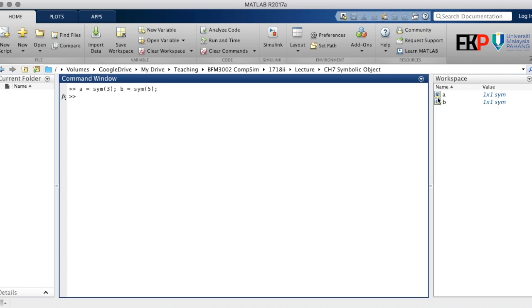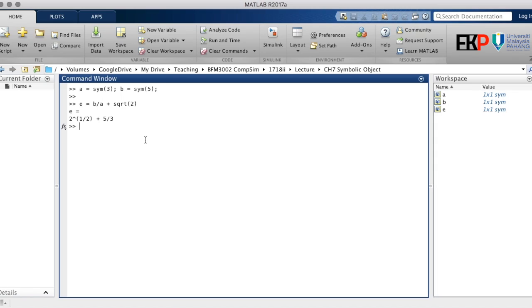So we have here two values, A and B, and we write an expression E equal to B divided by A plus square root of 2. When we press enter, we see the expression has been displayed by MATLAB. E is equal to 2 to the power of half, or square root of 2, plus 5 over 3. 5 over 3 comes from B over A because we defined up here B equal to 5 and A equal to 3.